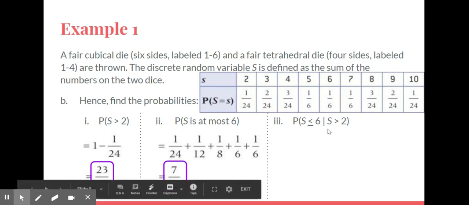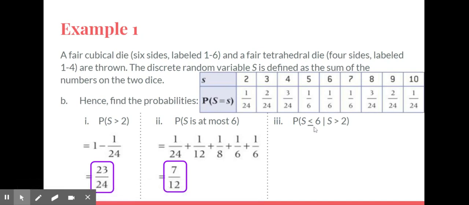Finally, we have a conditional probability problem. We're looking at the probability that the sum is less than or equal to 6, like we just did, given that the sum is greater than 2. So thinking about the conditional probability formula, which again is in the formula booklet, it says that it's the probability of both of these, so this and that, divided by the probability of the given statement.